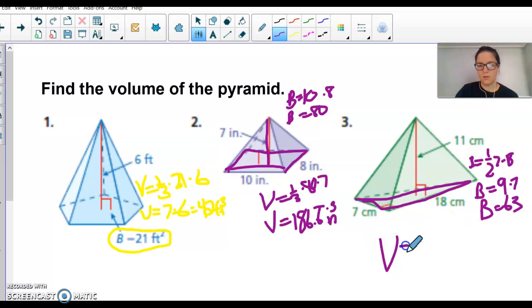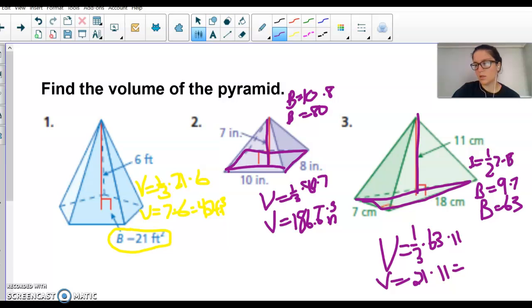And then the volume is 1/3 times that 63, and then times the height, and the height is 11. So 1/3 of 63 is 21 times 11, and that is 231. So you have 231 centimeters cubed.